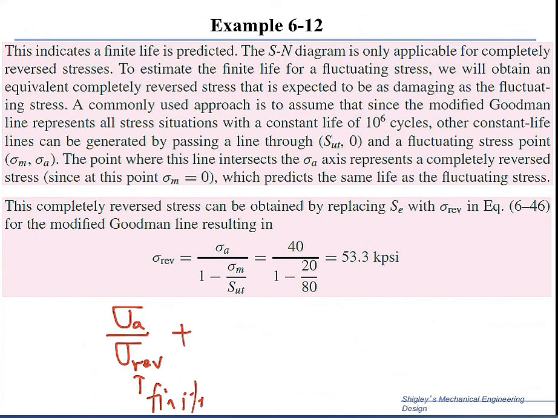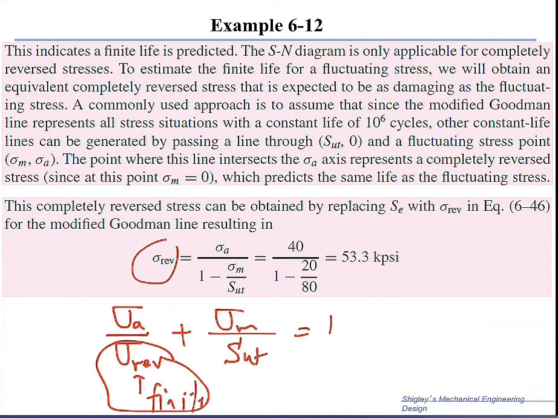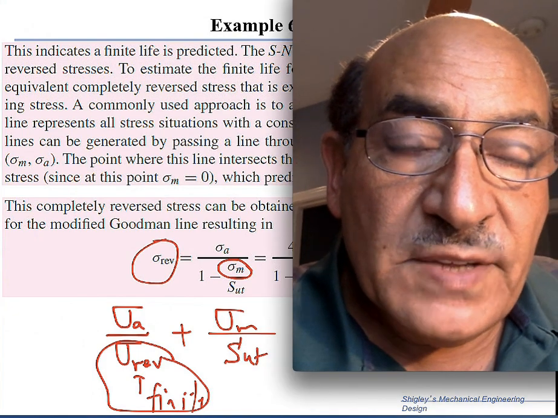Plus sigma mean divided by SUT is equal to 1, and solve for sigma REV. And sigma REV is like the equivalent alternating stress when we have an additional damage component due to the mean stress. And you can see here the sigma REV is 53.3, which is higher than the alternating stress. And the reason it's higher is that it accounts for some additional damage due to the mean stress.